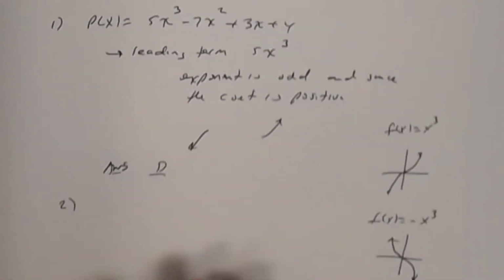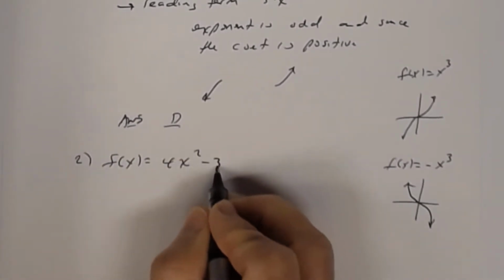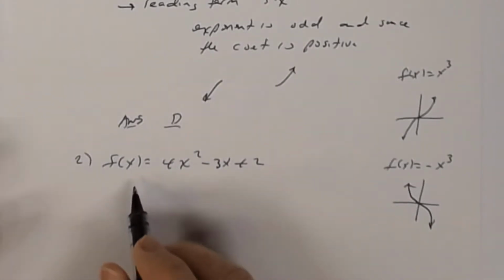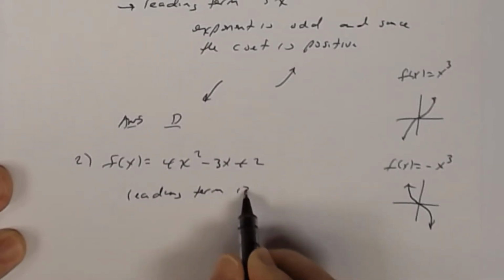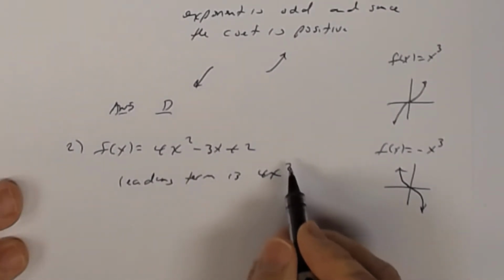And number 2, you have this function: 4x squared minus 3x plus 2. Now notice the leading term. The leading term is 4x squared. Notice this time that the exponent's even.